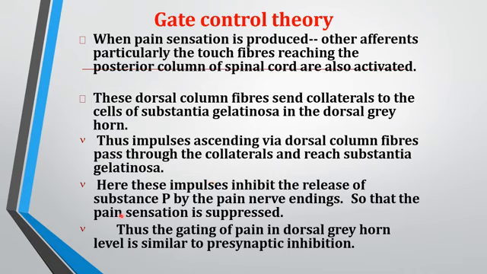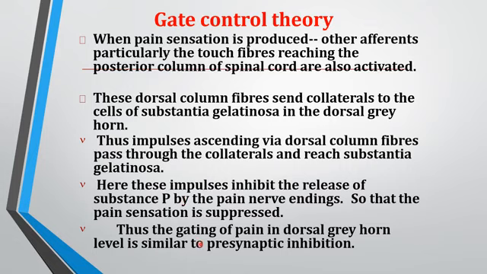If you remember the previous slide picture, the afferent collateral axons from the pain fiber release substance P. That substance P is inhibited by the dorsal column fibers, that is, touch sensation carrying fibers. They send signals so that the substance P released from the collateral axons is inhibited, so that pain sensation is suppressed.